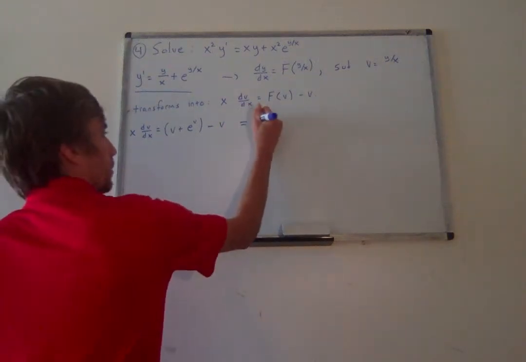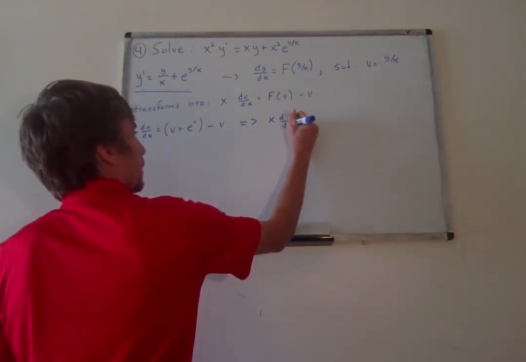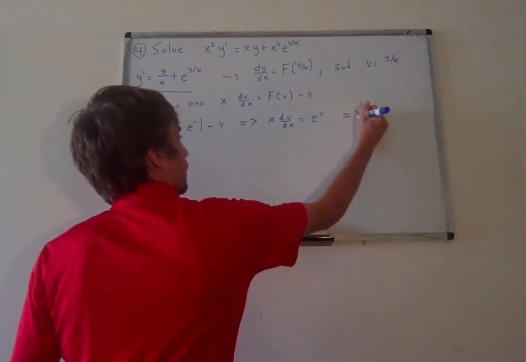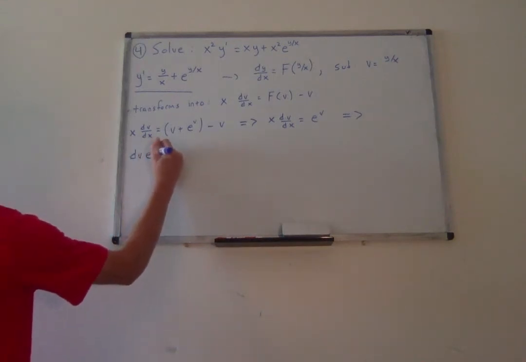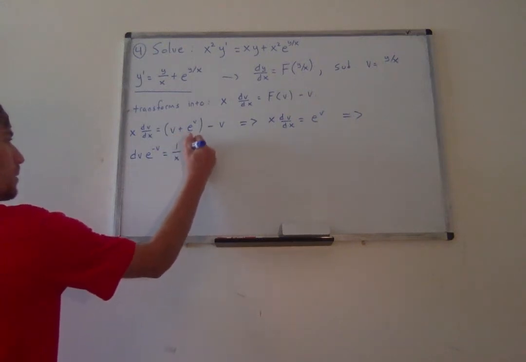And so we can simplify this a little bit: e to the v. And then we can separate the variables to get dv times e to the negative v is equal to 1 over x dx.